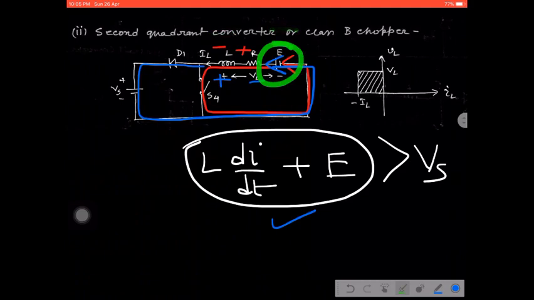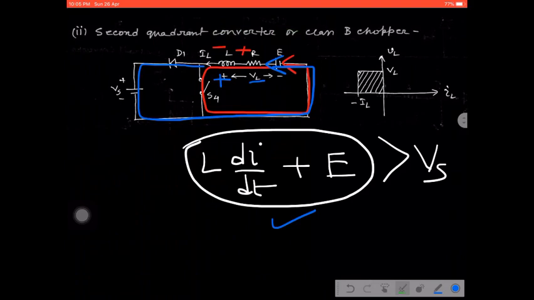Now due to the presence of the back EMF E, in all cases the voltage appearing across the load is positive and negative. Sorry, it was my mistake. In all cases the voltage, due to the presence of the inductor, this one is positive and this one is negative, as we thought the reference was this one positive, this one negative. That means both are in the same direction.